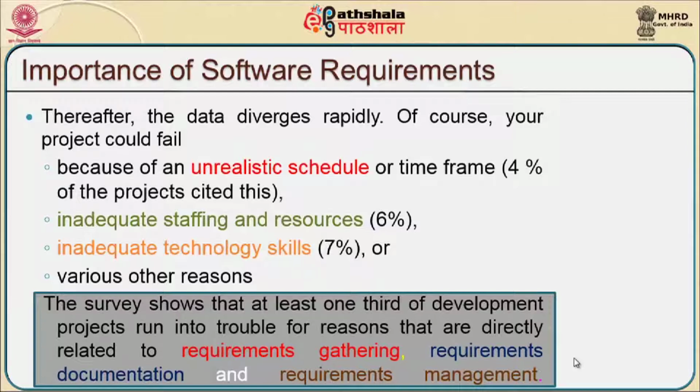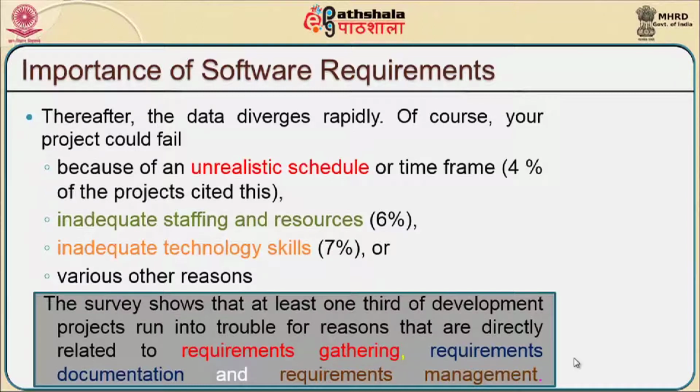So if I spend most of my time developing software, or drag the development towards say 2 years, between that time gap there can be a vast development. So there cannot be an unrealistic schedule or time frame. So 4% of projects cited this as a reason.